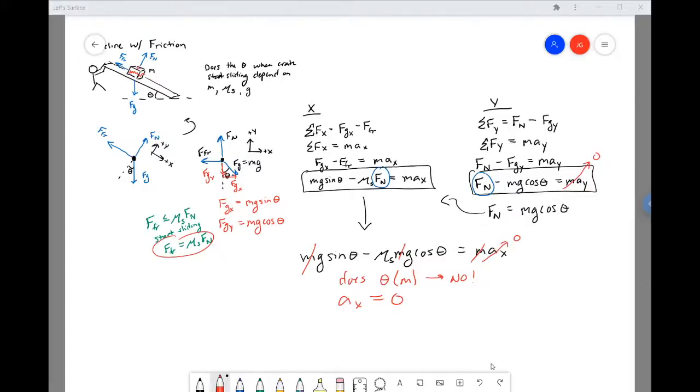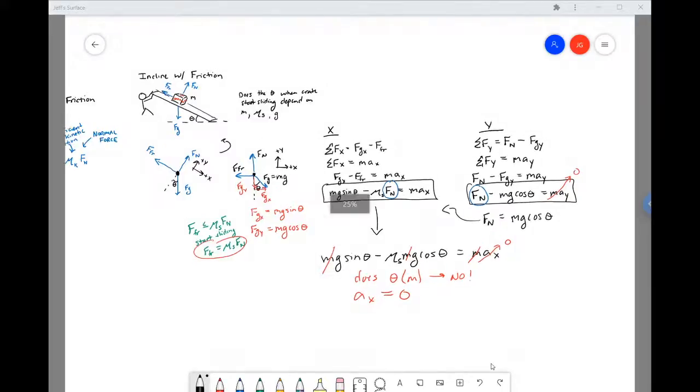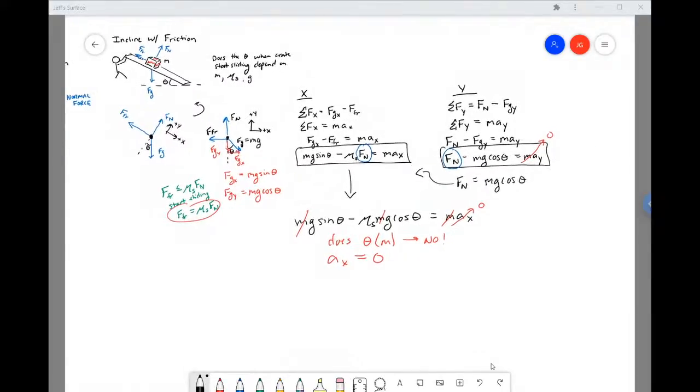That means this whole expression, g sine theta minus mu s g cosine theta, equals 0.